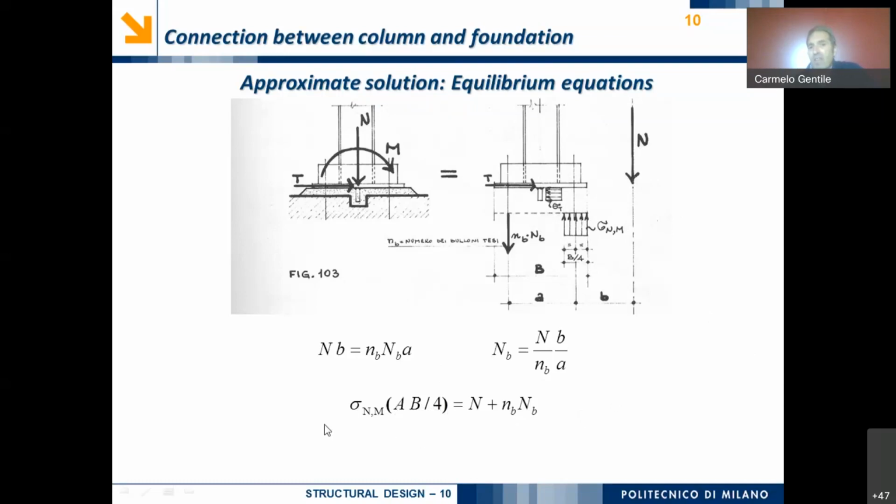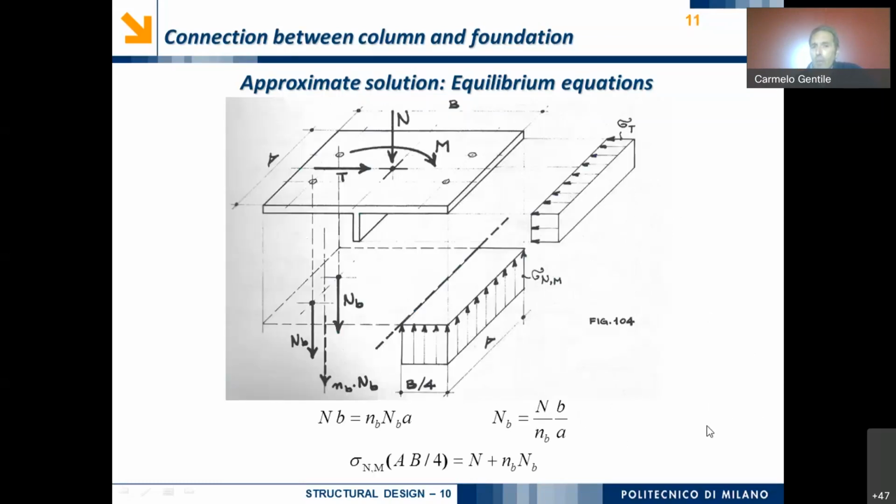And so in this case, it's very easy to evaluate the value both of capital NB and of the contact pressure, sigma M. Okay? So by using the equilibrium equation, it is very easy doing this.